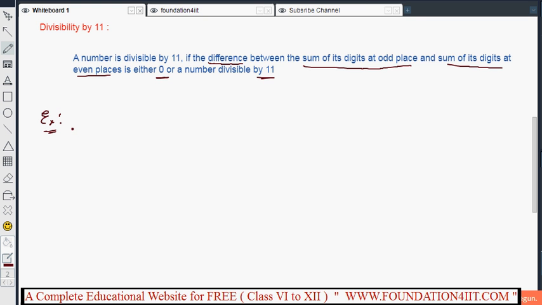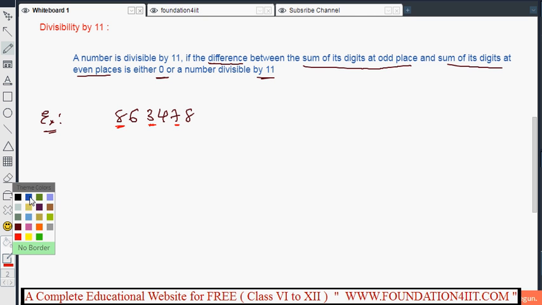So for example, 8, 6, 3, 4, 7, 8. Now this is the number 8,63,478. Now in this, 8, 3, 7 are the odd place digits, right?